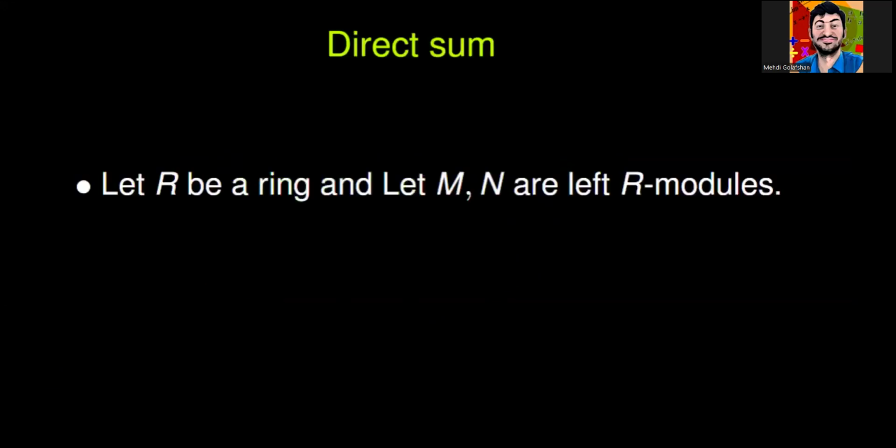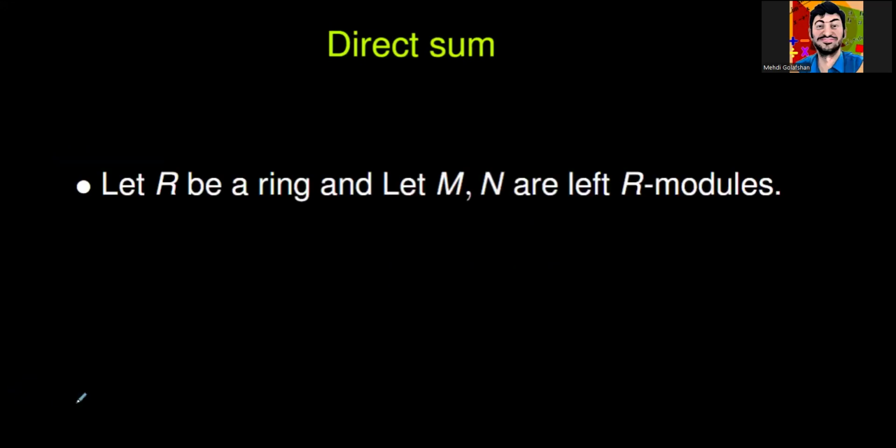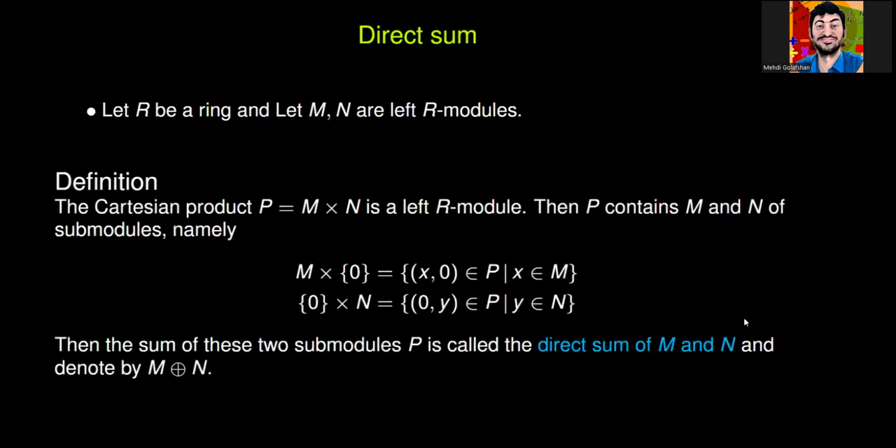So now we want to look at the direct sum. Let R be a ring and let M and N be left R-modules. As we have seen above, the Cartesian product M times N is a left R-module.